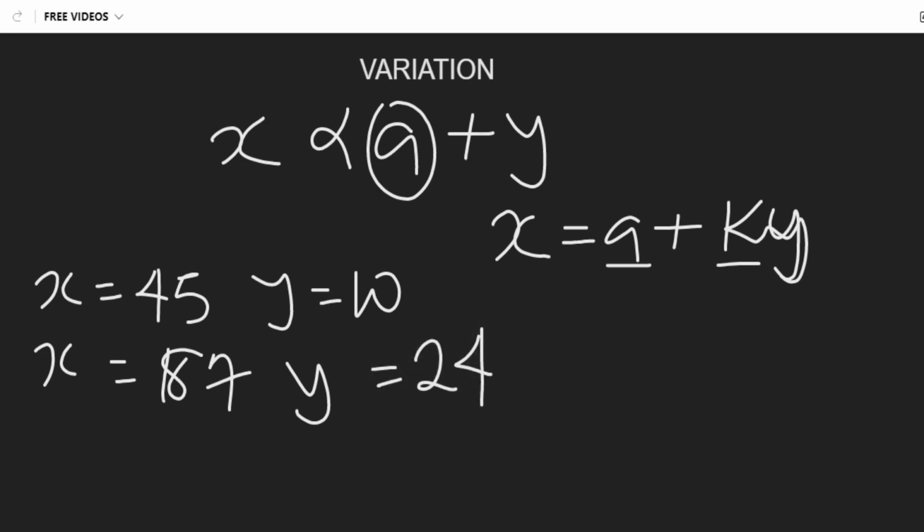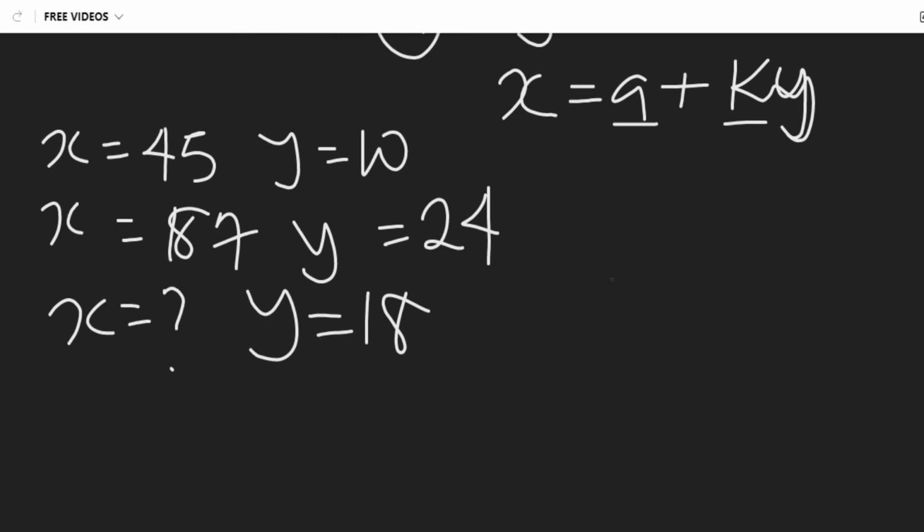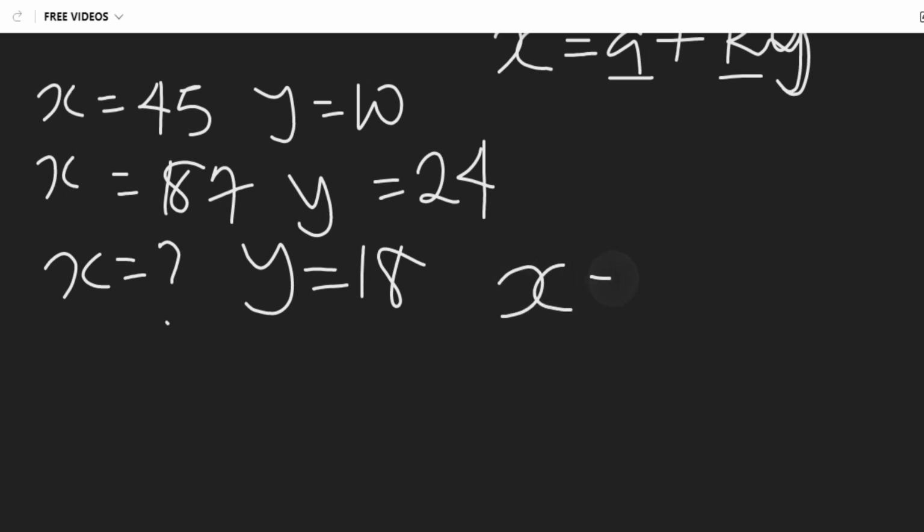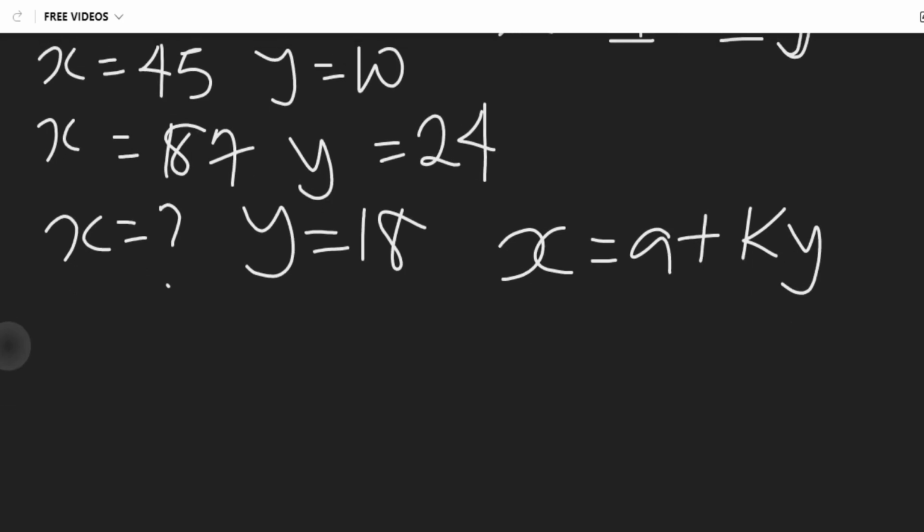And finally, we are asked to find the formula connecting them, and then to find x when y is equal to 18. So we are going to look at this solution and then use it to solve this value. Remember that the equation will have x equal to a plus ky. Now let's solve this, putting these values into the parameters.